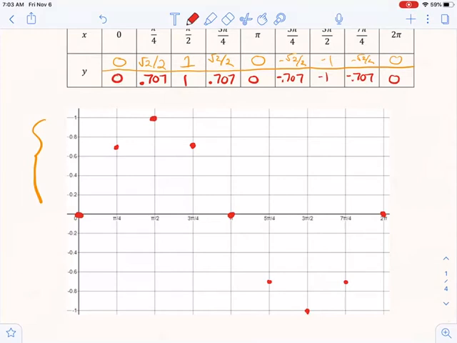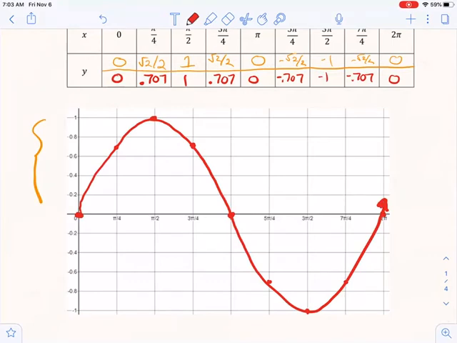We're going to draw a graph that comes up, goes all the way through, and if we miss some points, which I did, that's all right. Then we get this, and at this point I'm back at the starting point, so this is going to continuously repeat.